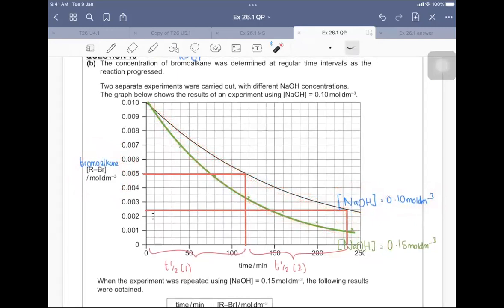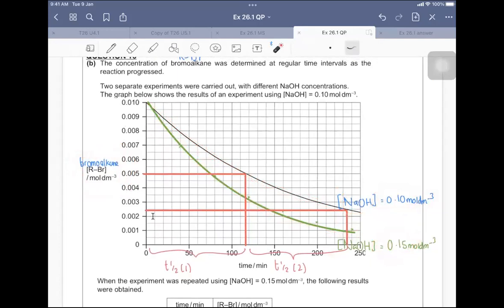So I repeat, you cannot use half-life to find the order for sodium hydroxide because the y-axis is showing the concentration of bromoalkane, not sodium hydroxide. So then how do we find the order of sodium hydroxide? We've got 2 different concentrations here.